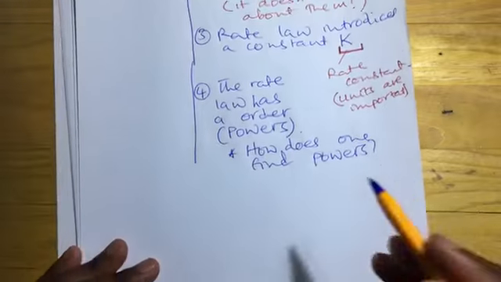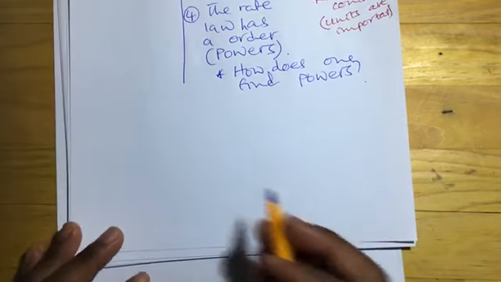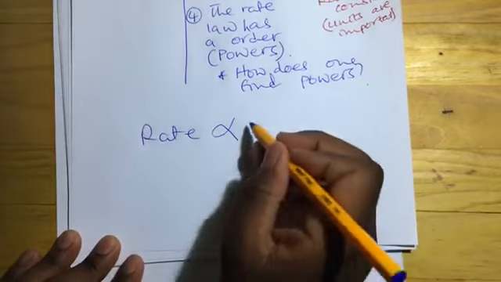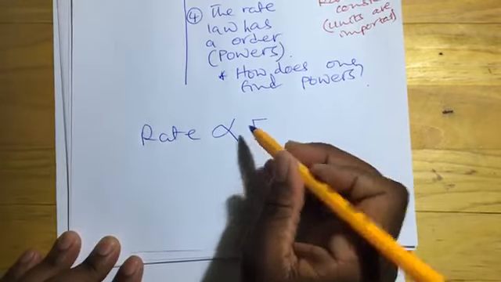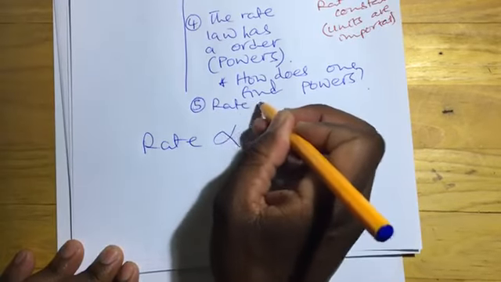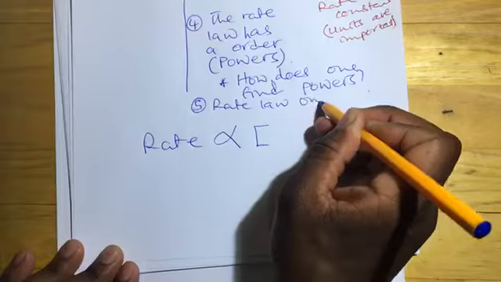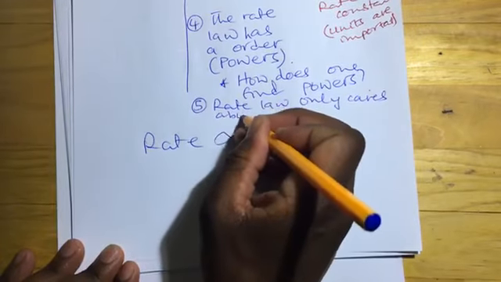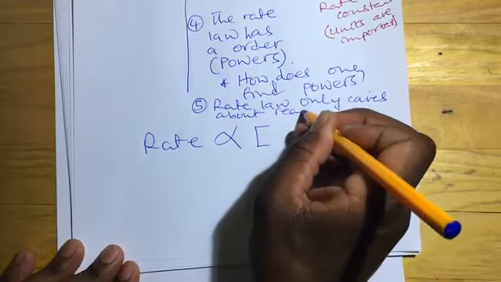Okay. So the general form of the rate law is going to be, rate is directly proportional to the concentration. Oh, let me include this. So rate law only cares about reactants.